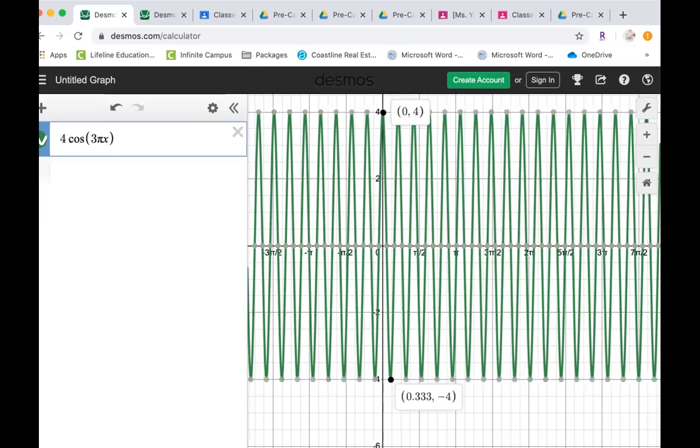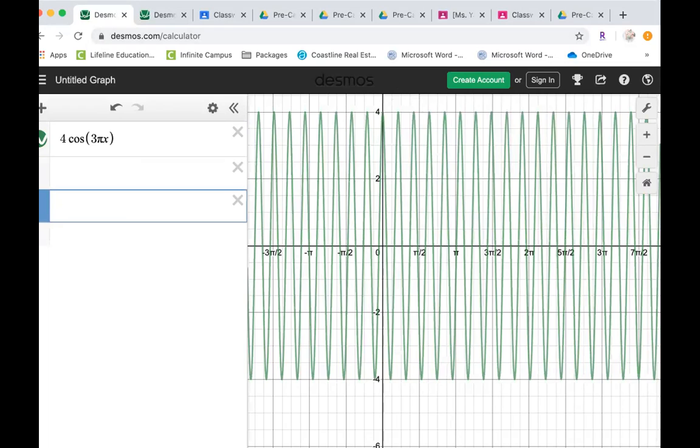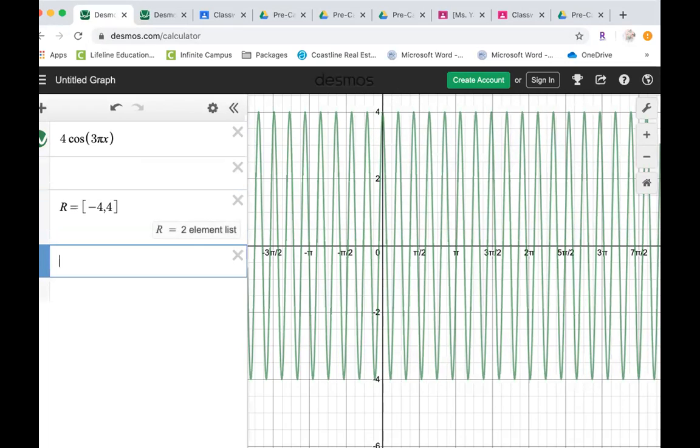So what is the range? It's from -4 to 4. Okay, -4 to 4. And then what is the amplitude? 4. Yeah, that's it. And then the period is 2 over 3. Perfect.